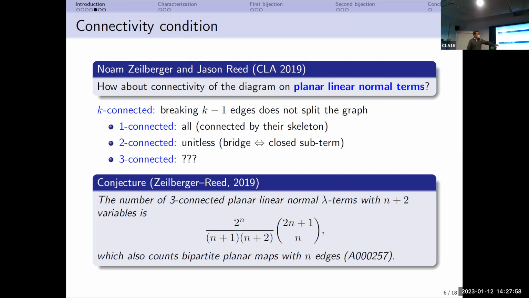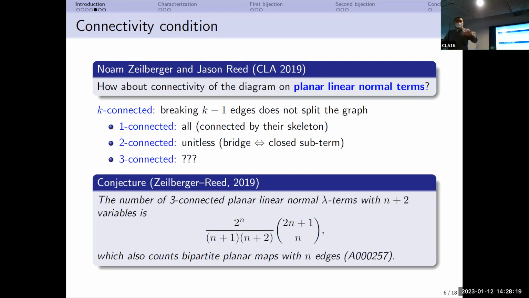How they found this formula is that they computed the first terms, they put them on OEIS, and there is the formula on it. We have the OEIS number on it. And because it's already on OEIS, it means that it's already counting something. And that something is called bipartite planar maps.